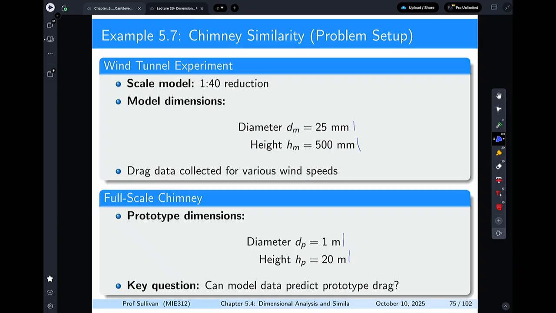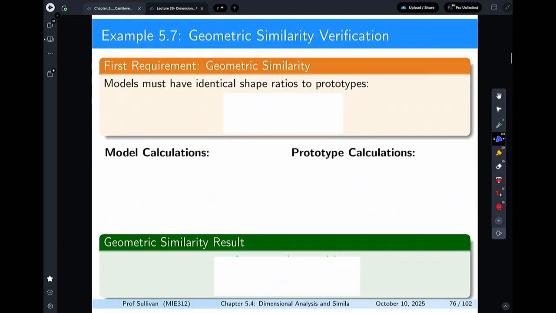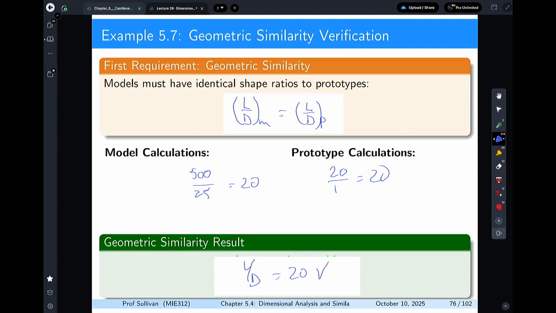Prototype is actually 20 meters high and 1 meter in diameter. And can this prototype match up? So geometrically, this is something we're really good at. And any experiment that I ever run, geometrically, I match up very well.